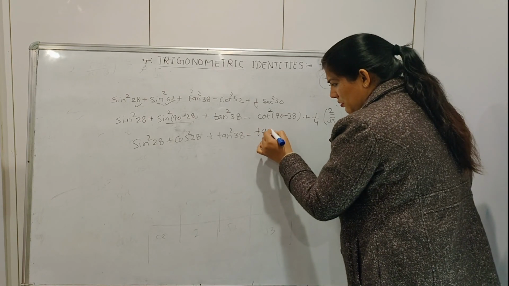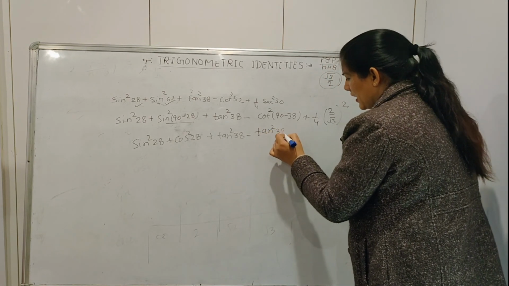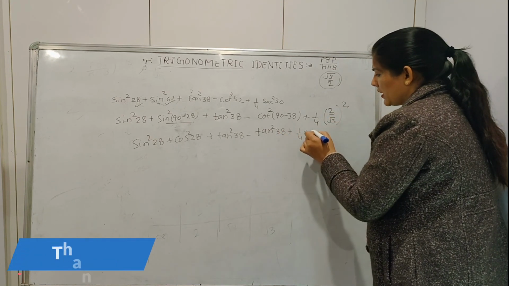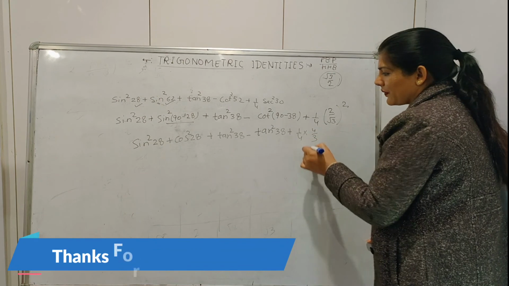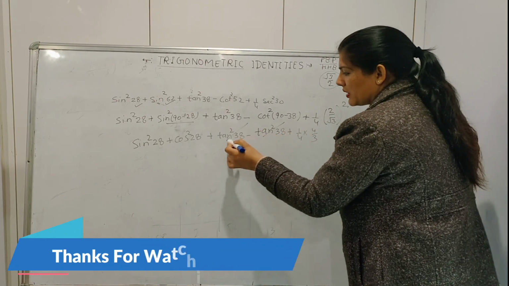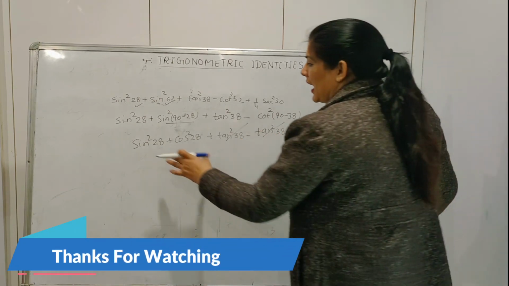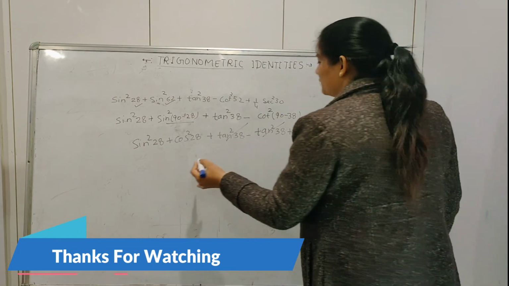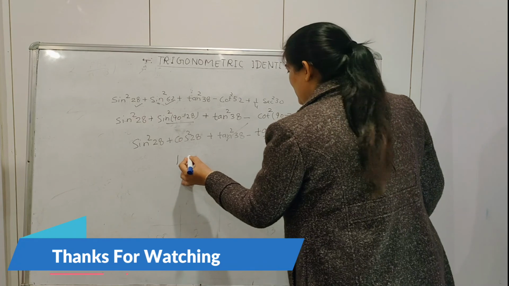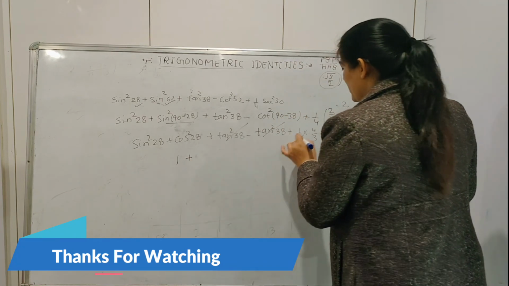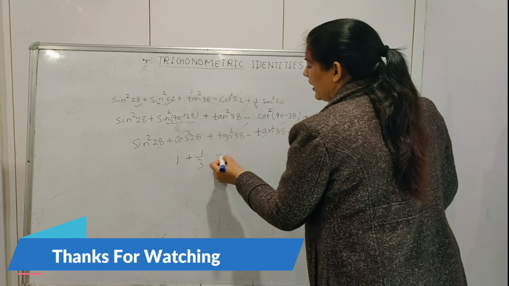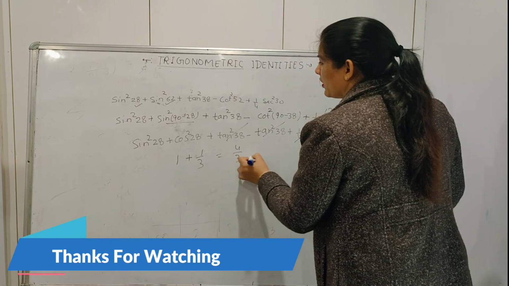It is equal to tan square 38, and plus 1 upon 4 into 2 upon root 3 squared gives you 4 upon 3. And you can see something is cancelled here. Sin square theta plus cos square theta is equal to 1, plus the 4 is cancelled by 4, 1 upon 3. So the answer is 3 ones are 3, plus 1, 4 upon 3.